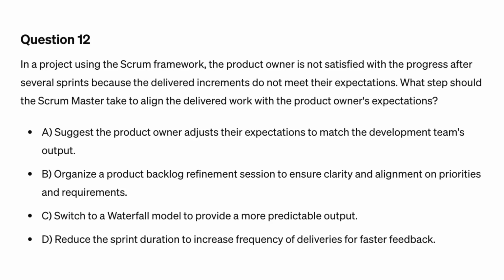B. Organize a product backlog refinement session to ensure clarity and alignment on priorities and requirements. C. Switch to a waterfall model to provide a more predictable output. D. Reduce the sprint duration to increase frequency of deliveries for faster feedback.